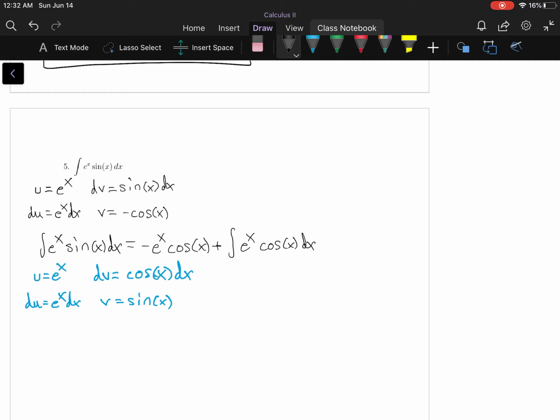So I'm going to rewrite this starred line here. We have the integral that we want to find is the integral of e to the x sine of x.